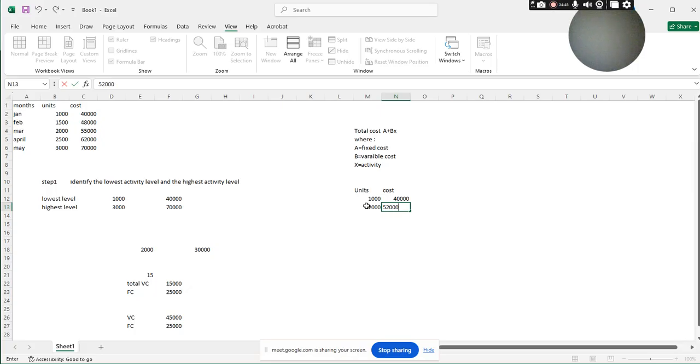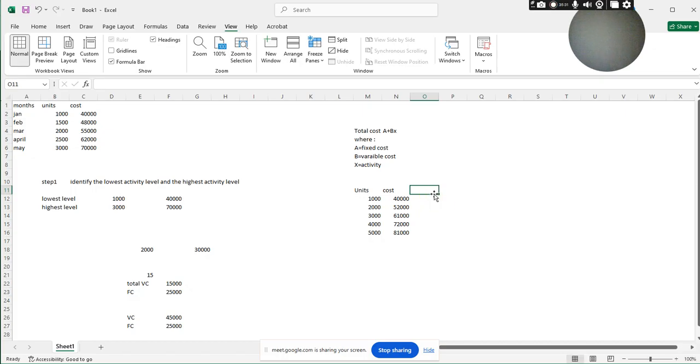Units 3,000. Units 4,000. Units 5,000. Let's stop here. For 5,000 units we have 81,000. For 4,000 units we have 72,000 as cost. Then here we have 61,000.